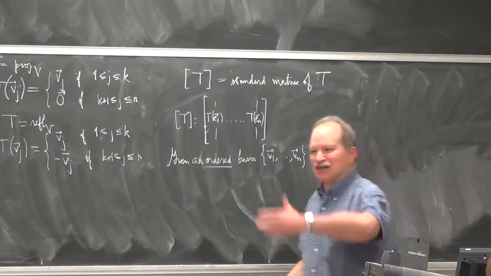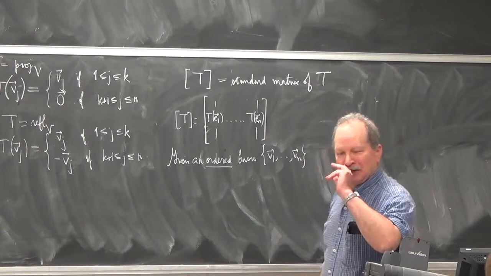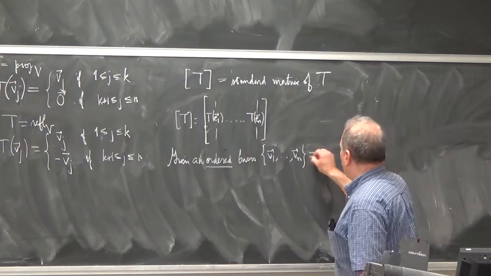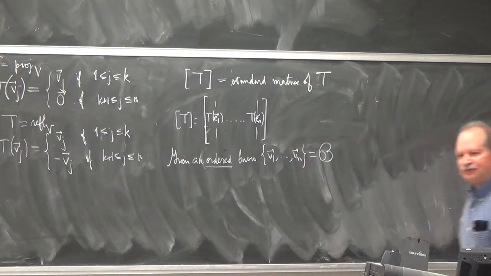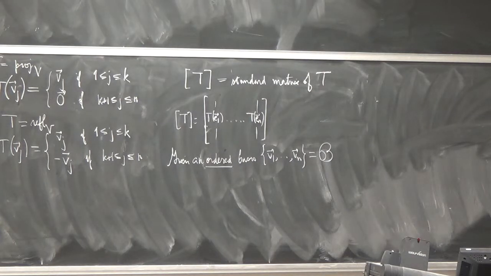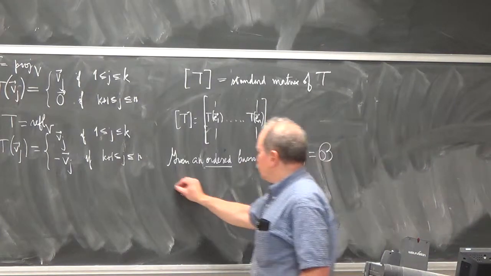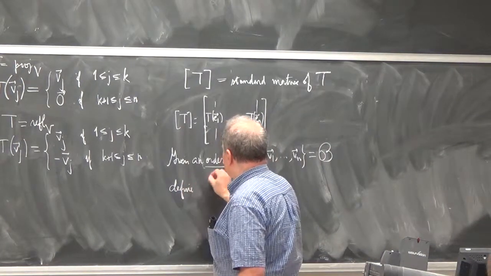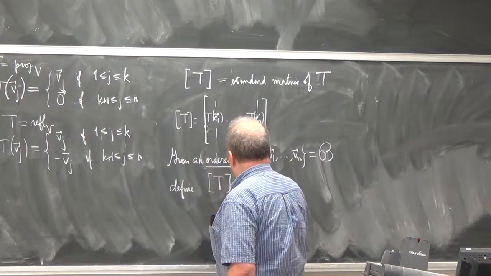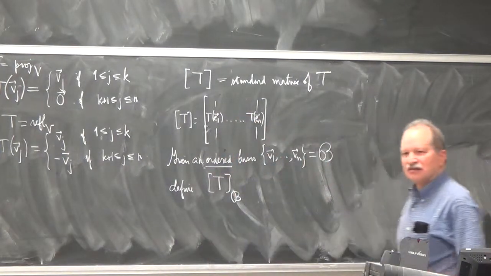Just like the standard basis, we put it in a standard order. I'm going to call that script B. I want to define the matrix representation of T with respect to that new basis.